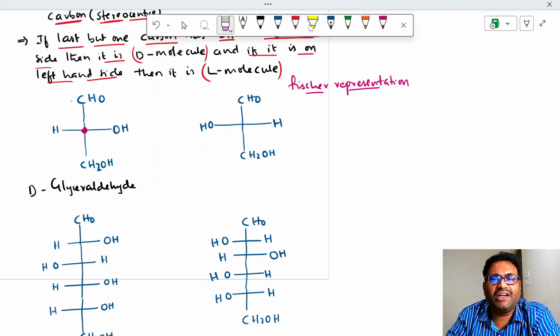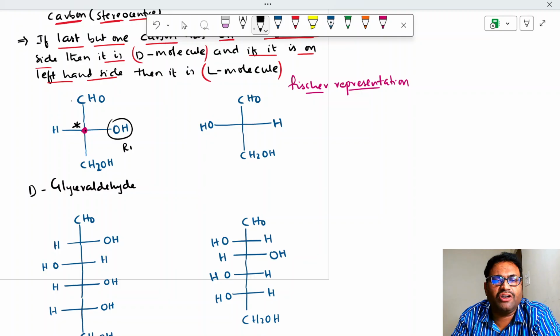Now I can say that this carbon is a chiral carbon, right? This carbon is a chiral carbon. Whenever it is a chiral carbon, we represent it by an asterisk sign, star. So at this carbon atom, and this is the last but one carbon atom, we are writing D and L for this carbon atom. What are you finding? OH is present on the right side.